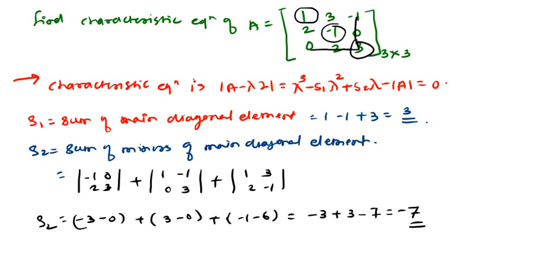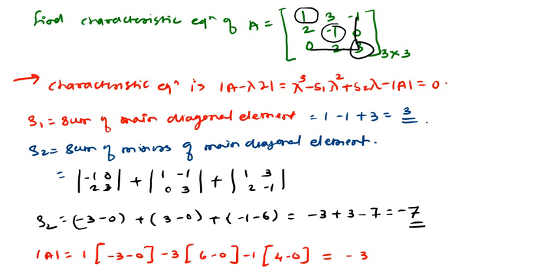Now find the determinant of the given matrix A. That will be 1 into minus 1 into 3 is minus 3 minus 0, then minus 3 into 6 minus 0, then minus 1 into 4 minus 0. Okay, solving this, this will be minus 3, this will be minus 18, and this is minus 4.